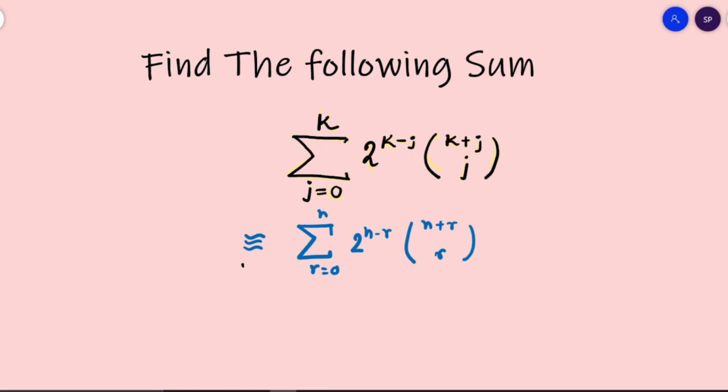Now there is a famous thing about the binomial theorem that this can be simply written as (n plus r minus 1 choose r) plus (n plus r minus 1 choose r minus 1).